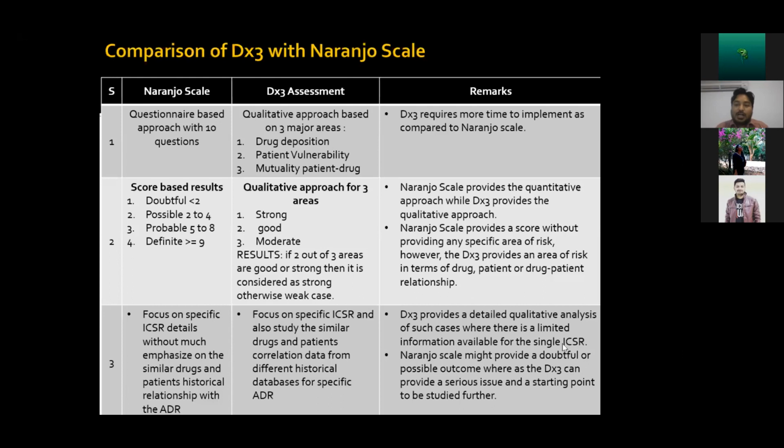So in remarks, I could say that the Naranjo scale provides a quantitative approach while DX3 provides a qualitative approach. The Naranjo scale provides a score without providing any specific area of risk.